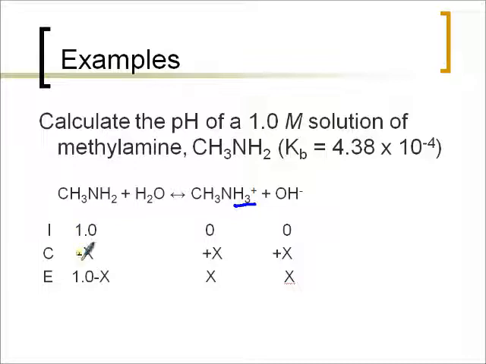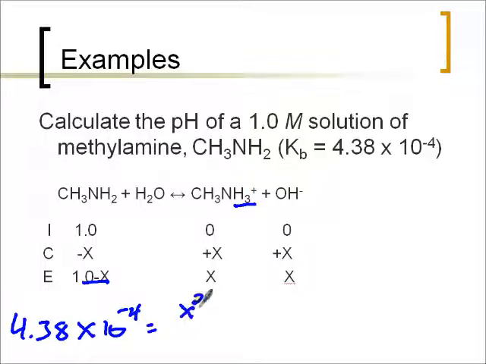So the change is minus x, plus x, plus x. Equilibrium is going to be 1.0 minus x, x and x. Since they gave me Kb, I'm going to plug it in. 4.38 times 10 to the minus 4 equals x squared over 1.0 minus x.